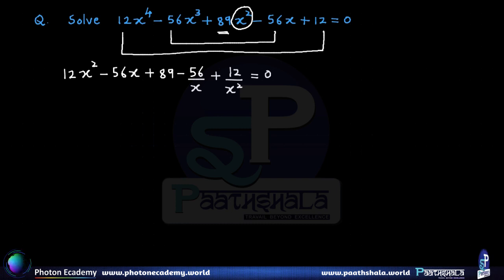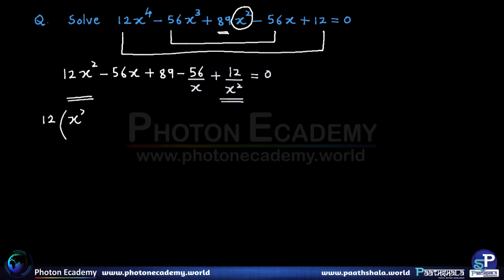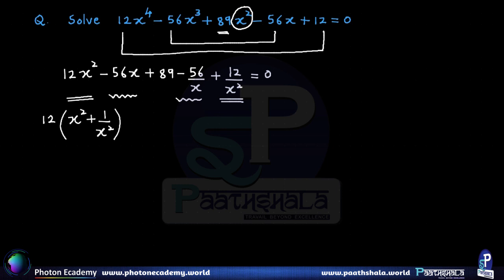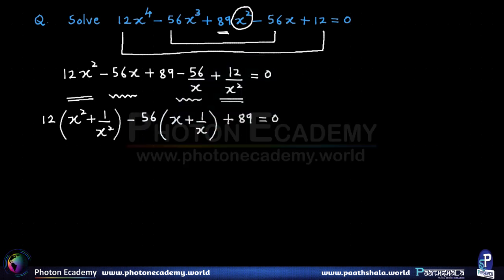Now, as we saw earlier, we have to club the first and the last term. If we take 12 common from that, we will have x squared plus 1 upon x squared. Then we club the second and the second last term. If you take minus 56 common, here we will have x plus 1 upon x, and the remaining term is 89 as it is, equal to 0.